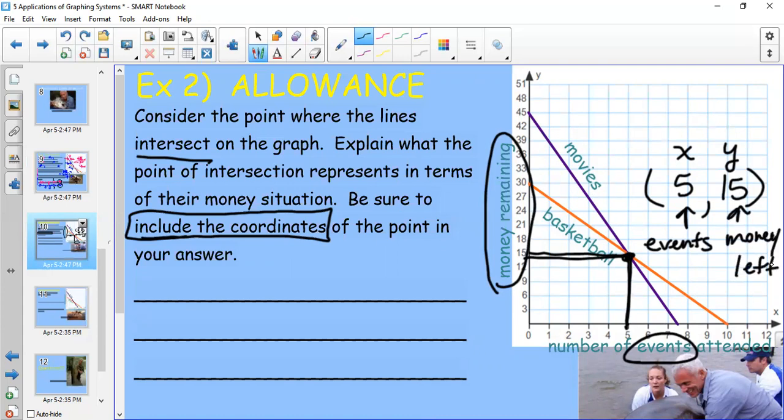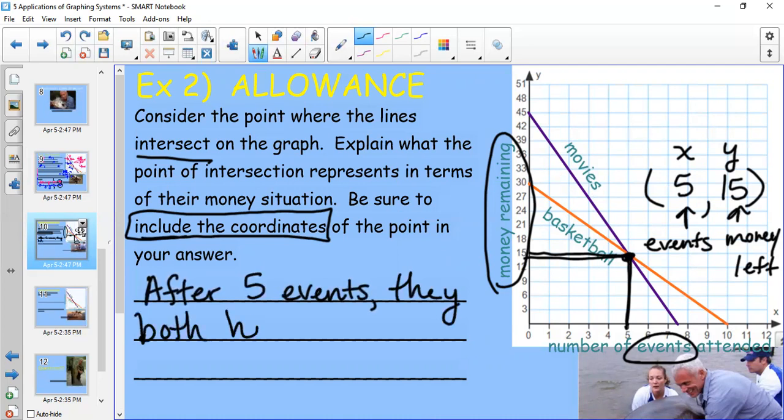And once you have that part, that's the hardest part, we just have to make it match and explain it in words. Don't just say 5 events, 15 money left. That sounds a little strange. We want to turn this into a sentence. So we could say after 5 events, they both had $15 left.